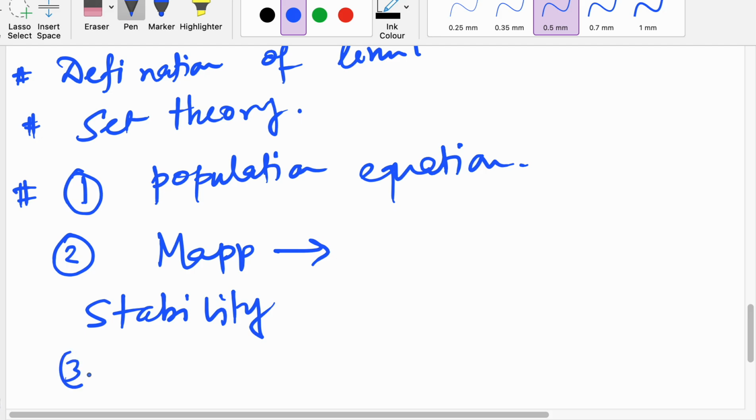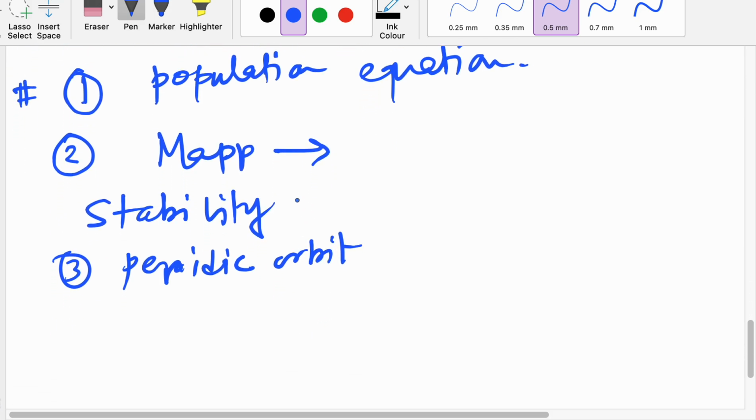And then what does periodic orbit mean? Obviously stability means asymptotic stability, and asymptotic stability is nothing but, at time t, when t becomes very large, where the system will go, in which region the system will go. As time goes on, in mathematical terms at t equal to infinity, where the system will end up.